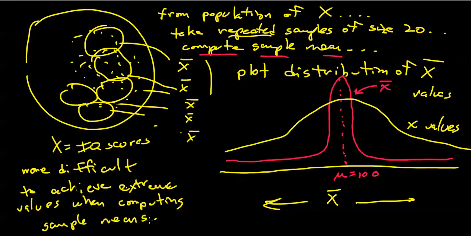So this is really the heart of the central limit theorem. When you're considering repeated samples of size whatever, you'll have a dampening effect, and less of your area under the distribution curve. So you'll be much less likely to be in extreme ranges when considering sample means.